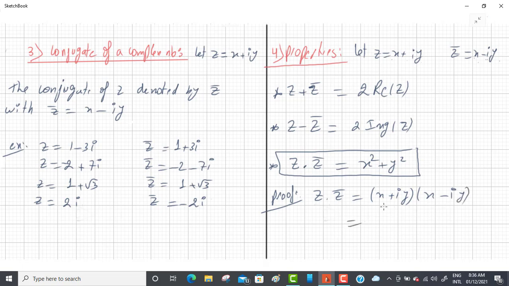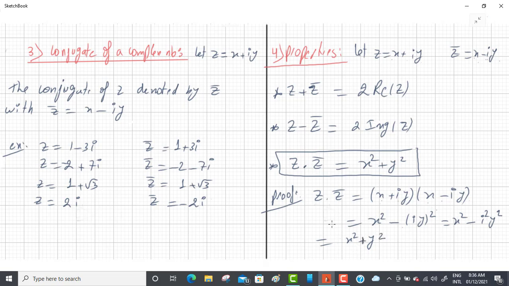It's a remarkable identity in the form (a plus b) times (a minus b), which equals a square minus b square, so x square minus i square y square. As you know, i square is minus 1 and there is a minus outside, so it's x square plus y square, and that's how we prove the property.